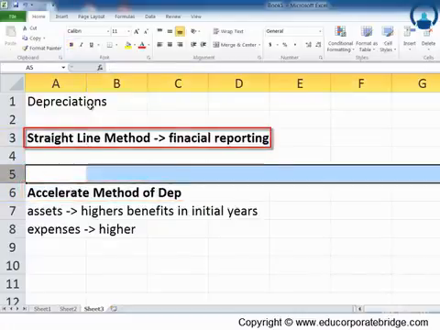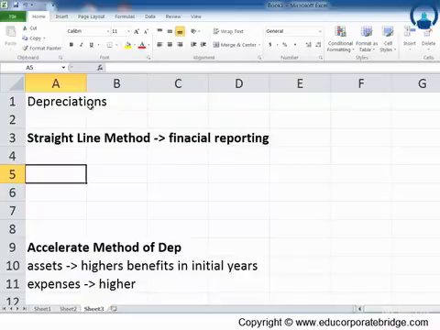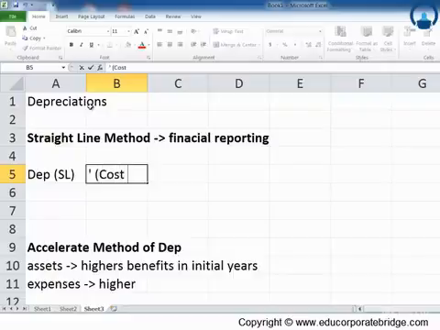When we want to calculate the depreciation expense using the straight line method, the formula is basically cost minus the residual value. Residual value is basically the salvage value.